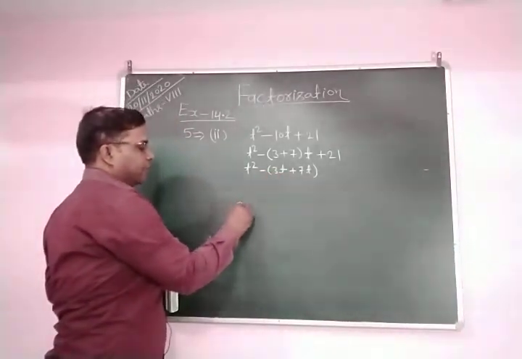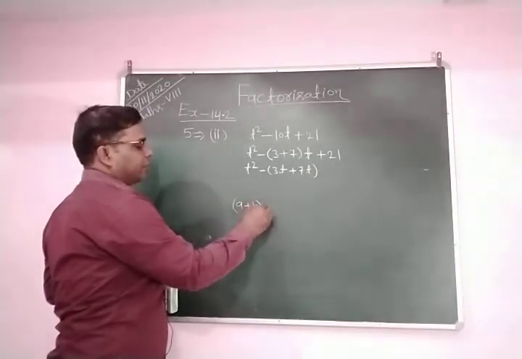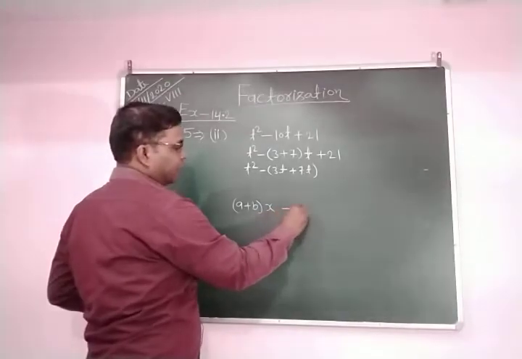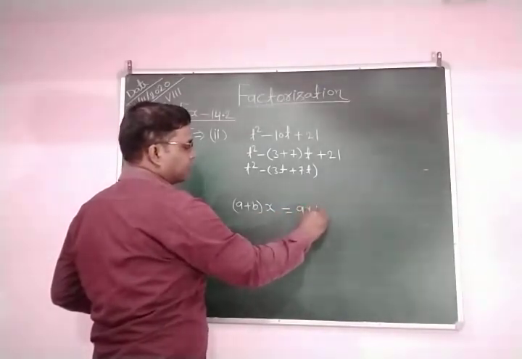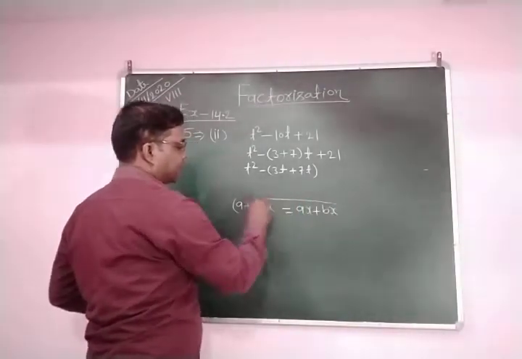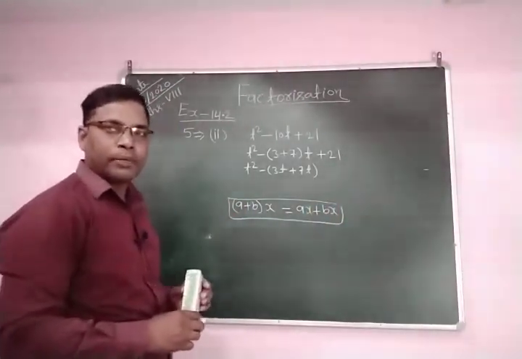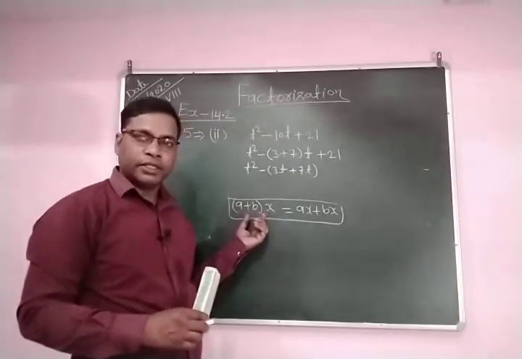This is a plus b into x, this is equal to, we can write ax plus bx. This is called the distributive law of multiplication over additions.